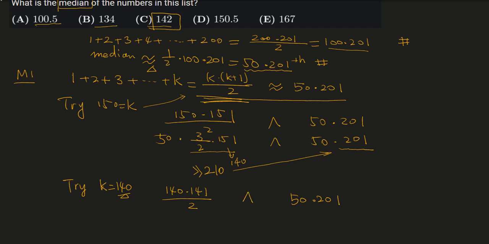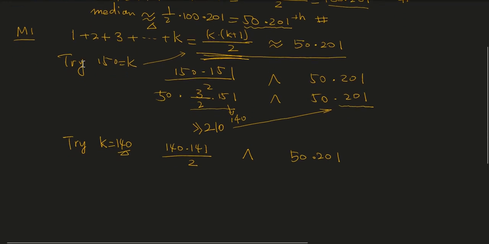Now let's compare these two numbers. Let's browse down a little bit. So again, let's make a factor of 50 on the left hand side as well. So we have a 50 and then times 7/5 times 141. And this fraction is very easy to calculate.